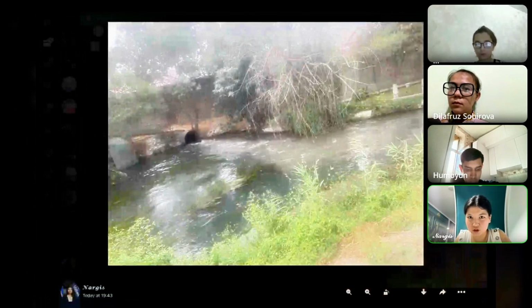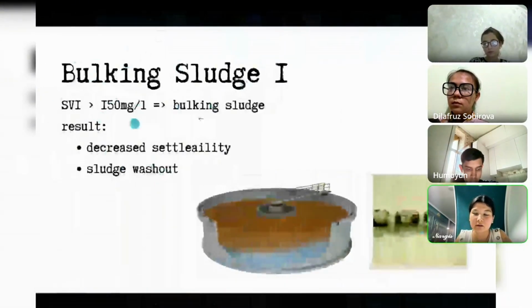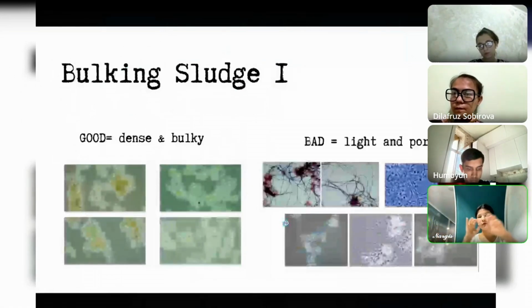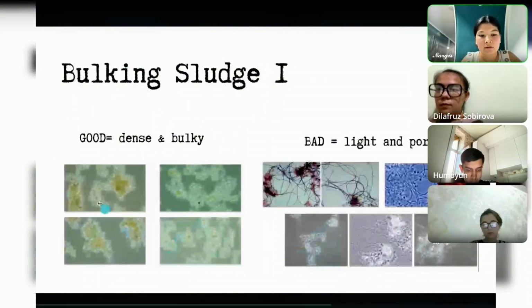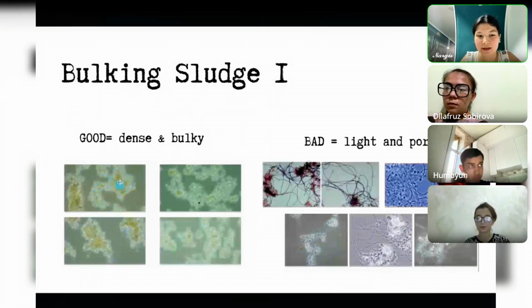So my assumption is that they were faced with this bulking sludge problem when their bacteria would not settle. So what does it mean? In fact, if you look at this bacteria from the microscope, then at the end, you want your bacteria to be like this.